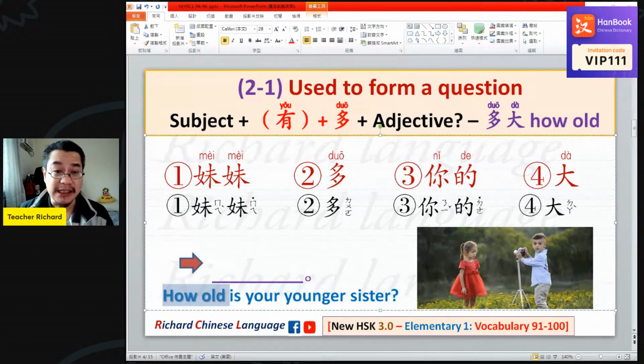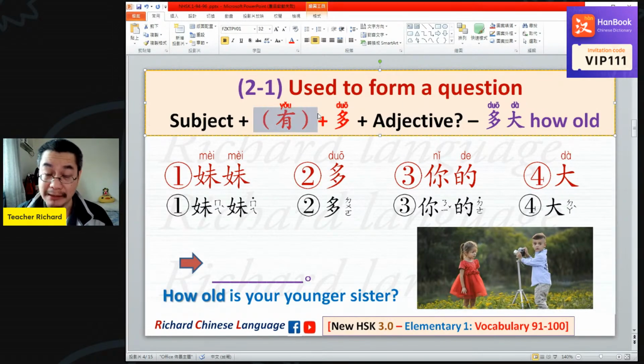So you can say 理查老师多大 or 理查老师有多大 Okay, you can add a 有 and you can go without. 妹妹有多大 is also correct. 妹妹多大 is correct. 理查老师多大 How old is Teacher Richard? 理查老师有多大 How old is Teacher Richard?